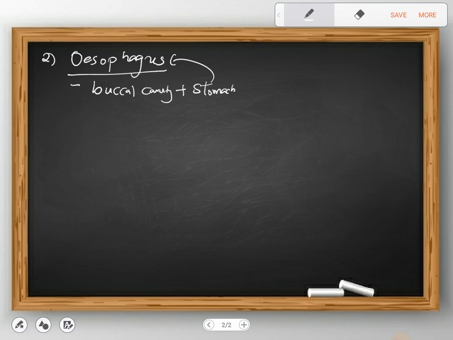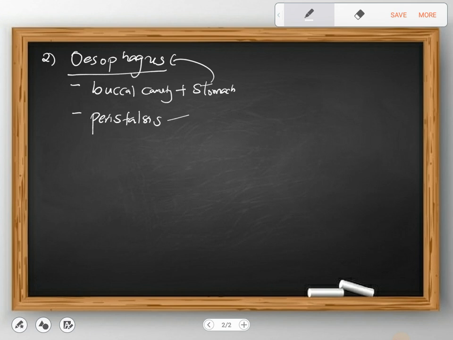Now, this so-called esophagus is where much of the peristalsis occurs. So peristalsis occurs here, which is the formation of a bolus, in short. It is the regular mixing of food by the conjunction of the longitudinal muscles and the circular muscles.